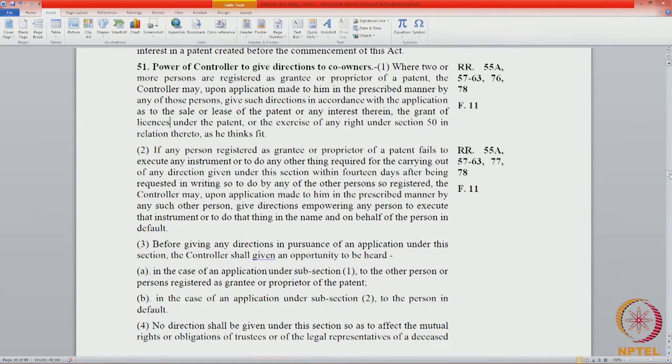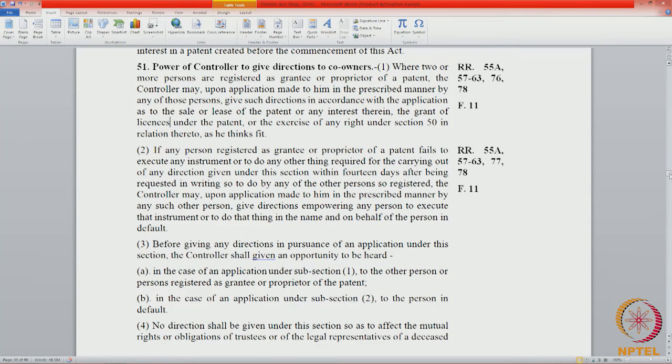Now, this gives another scenario. 51(2) envisages a situation where the controller has issued a direction.